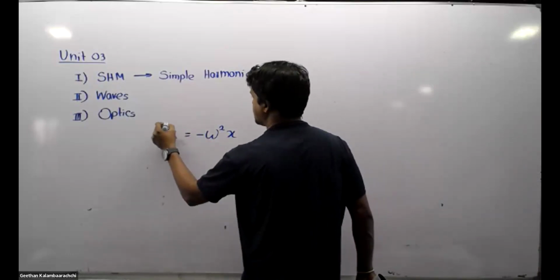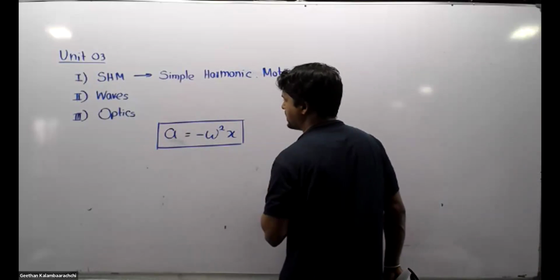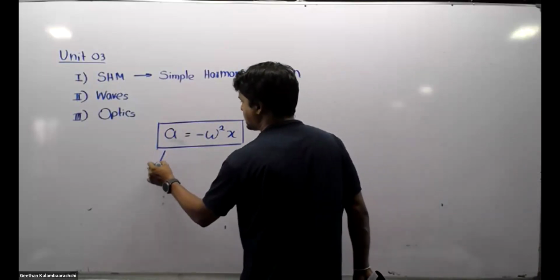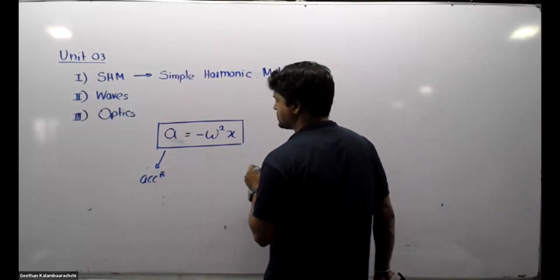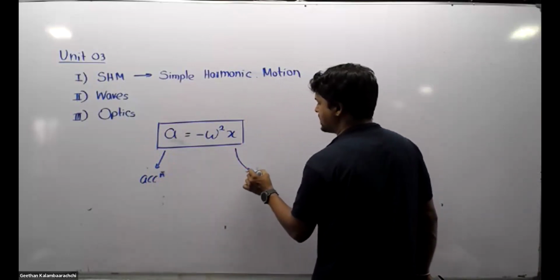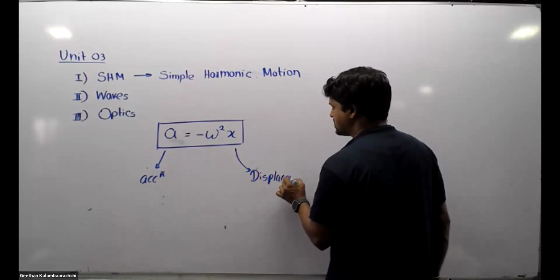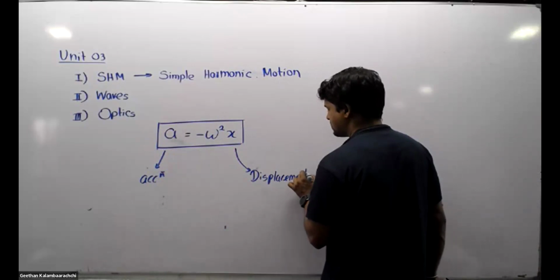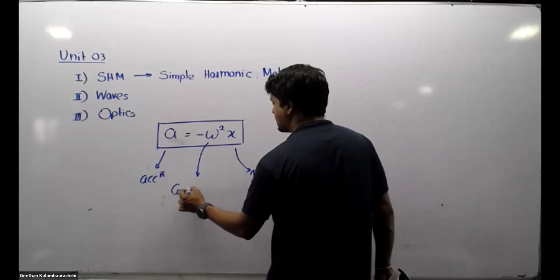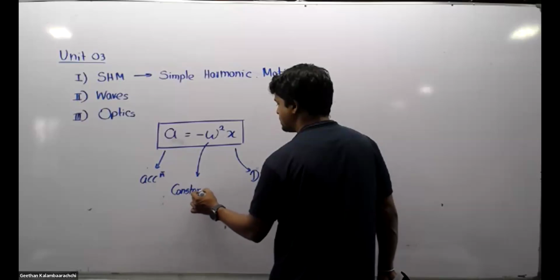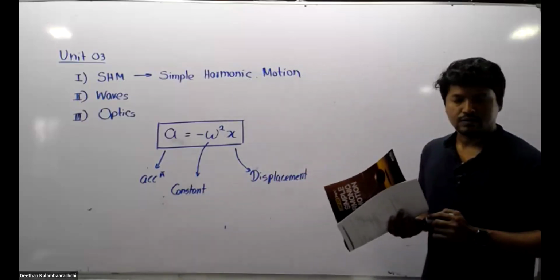Here a is acceleration, x is displacement, and omega here is a constant. Okay.